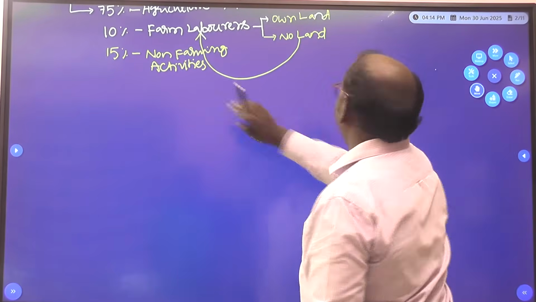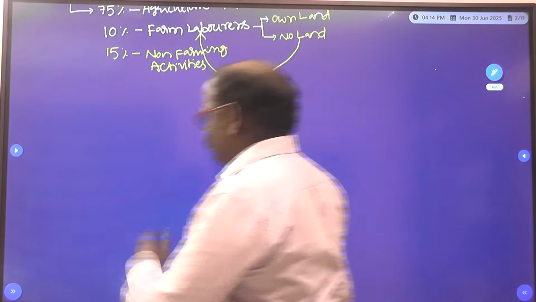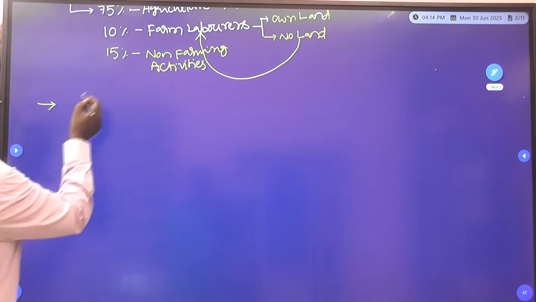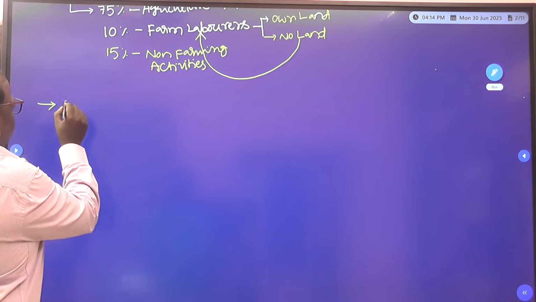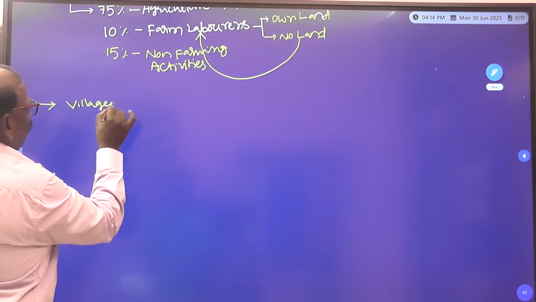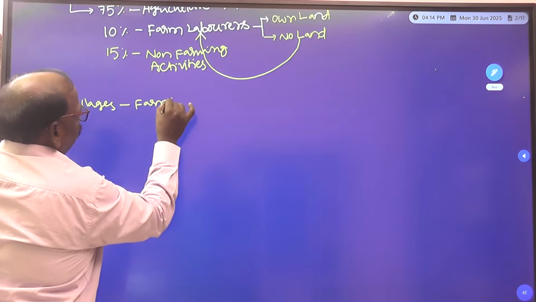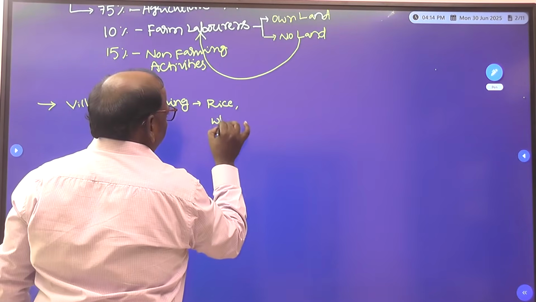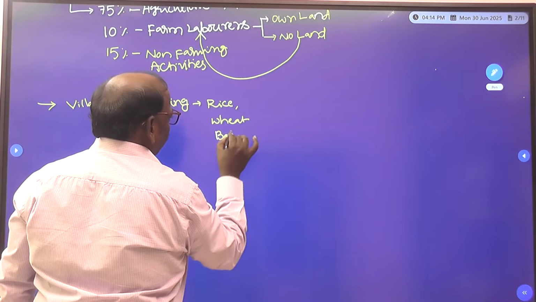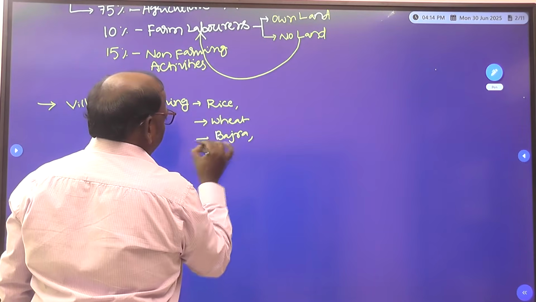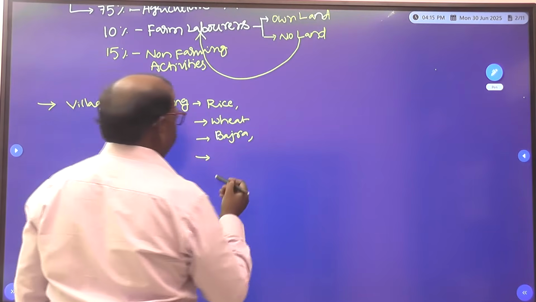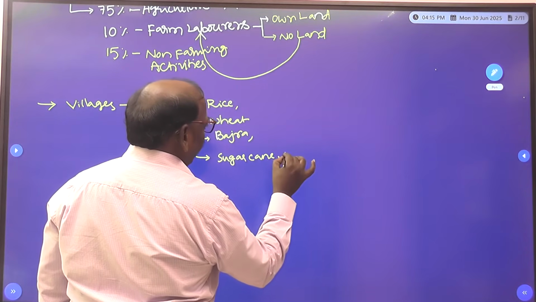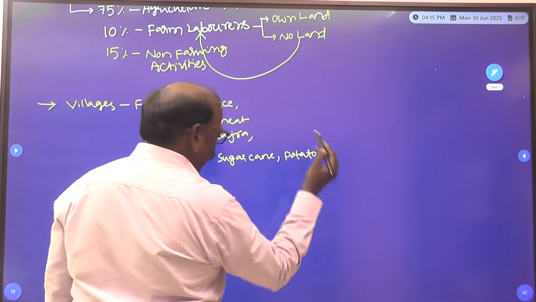Most of the time, villages are farming rice, wheat, bajra, sugarcane and potato.